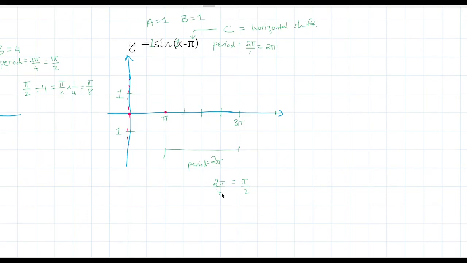So this first point will be pi plus pi on 2, which is 1.5 pi. This will be 2 pi. This will be 2.5 pi, so let me write that as 5 over 2. And let's write this as 3 over 2 as well. So this will be 3 over 2 pi, 2 pi, 5 over 2 pi, which is 2.5 pi, and 3 pi. And then the rest, we just plot it as we normally would.